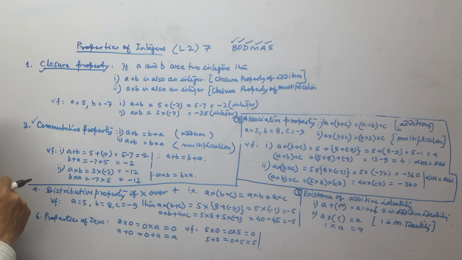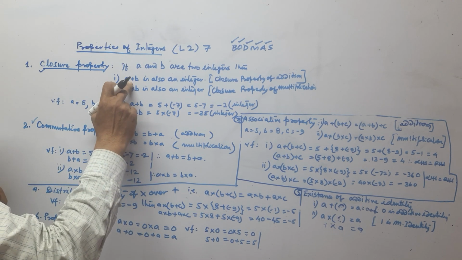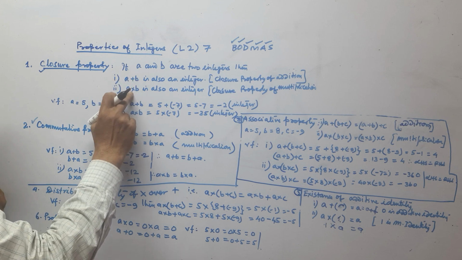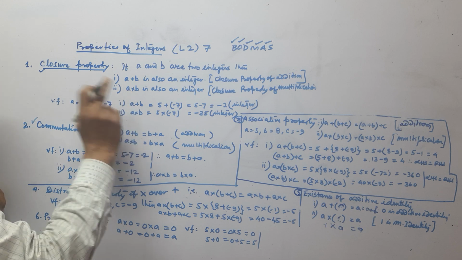Okay, so we want to verify this. This is said to be the closure property of addition of integers, and this property is said to be the closure property of multiplication of integers. Okay.